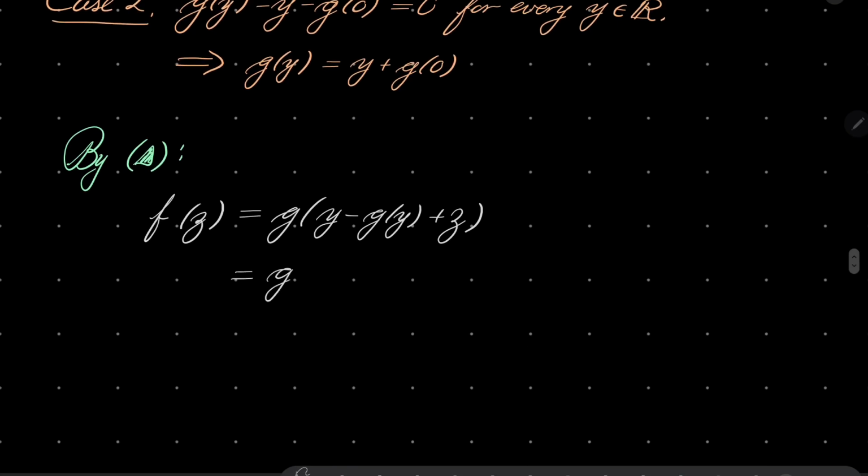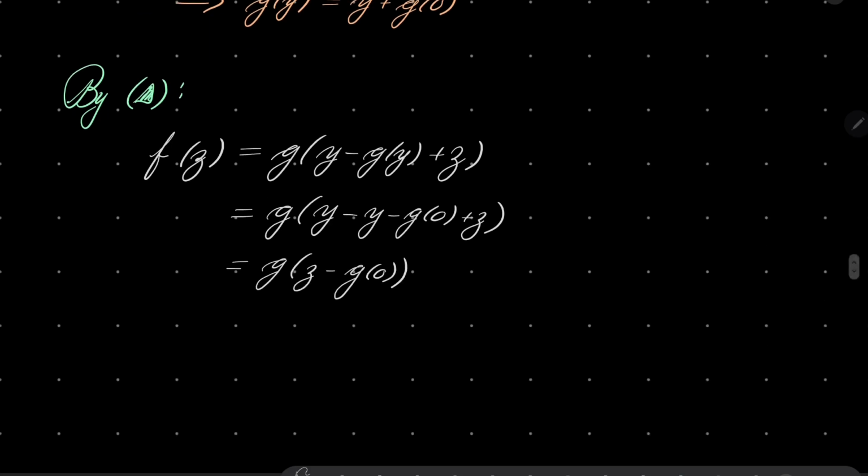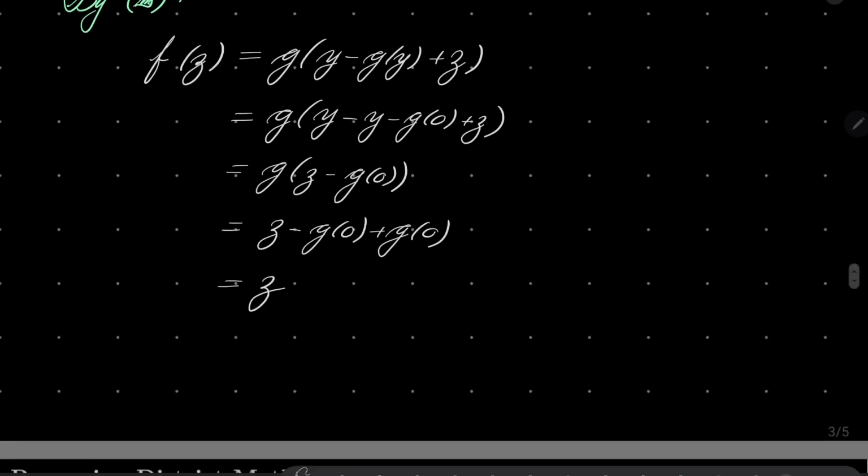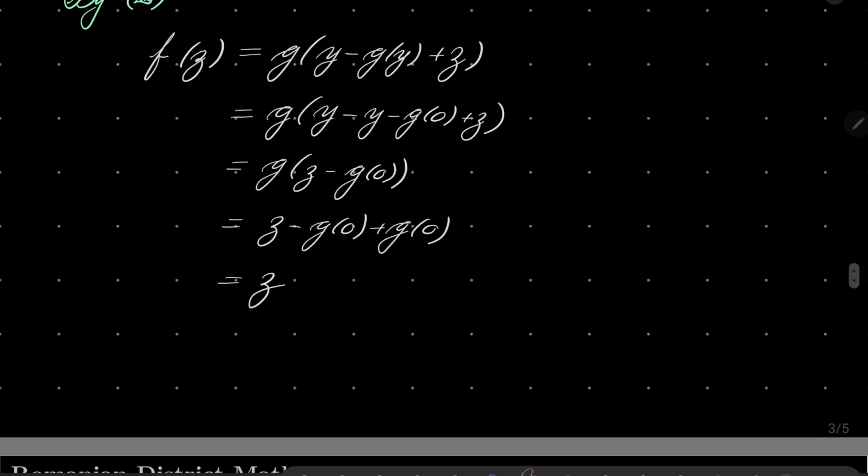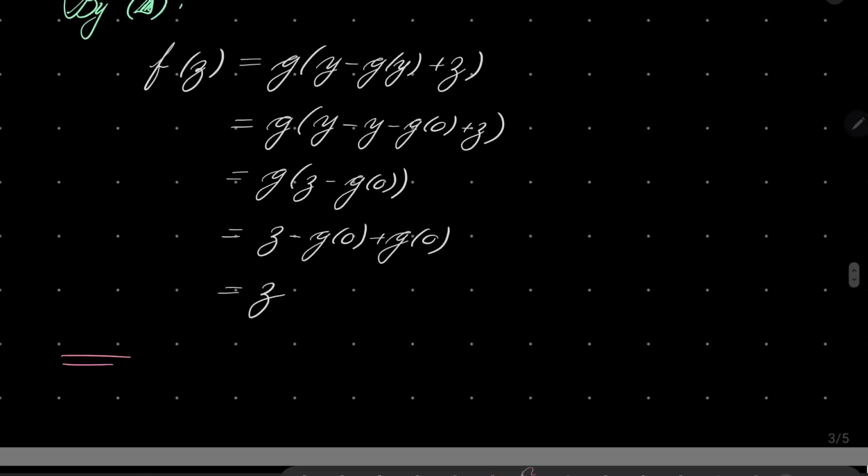So we have g(y) minus g(0) plus z, so it's z minus g(0) plus g(0), which is just z, which means that our function f is the identity function. F equals the identity function of real numbers.